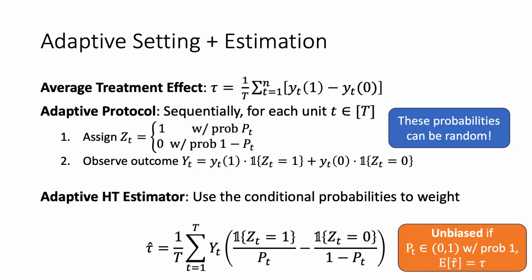What kind of data are you going to use to calculate PT? Right, you'll look at ZS and YS for all S less than T. Okay, so you will have already seen the outcome, because usually in many trials, you have to wait to see the outcome. It doesn't come instantaneously.